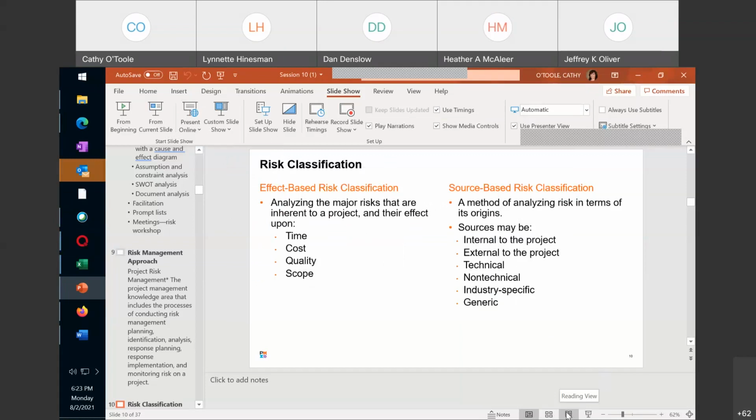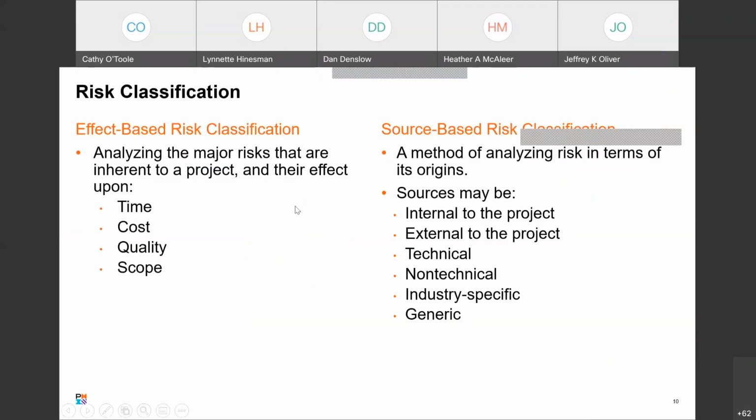One more to the right. Okay. There you go. Thank you. Is that better? I'm muting everybody. Yeah. I'm muting people one by one because not everybody's muting and I hear noise. So. Okay. I think Dan Denslow needs to be muted. I hear feedback from that line. Thank you.